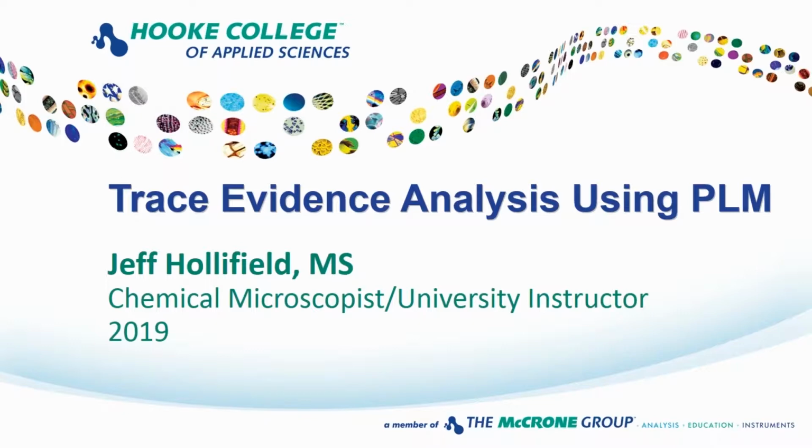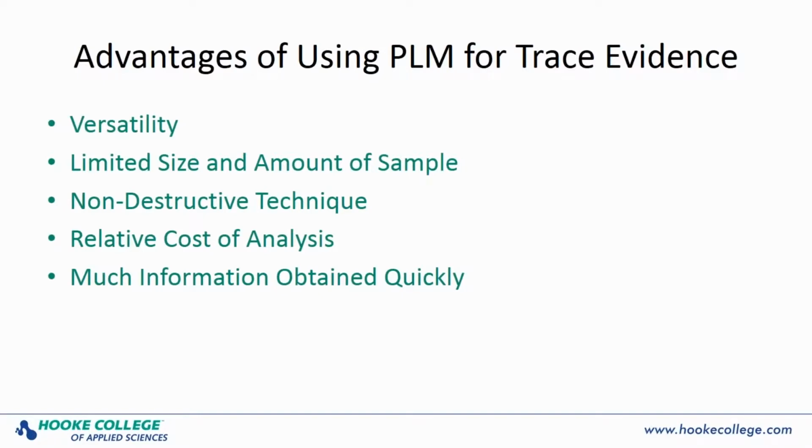Trace evidence analysis using polarized light microscopy. Examination of trace evidence requires the identification or characterization of a wide variety of substances, and one of the best tools for accomplishing this is the polarized light microscope, or PLM.